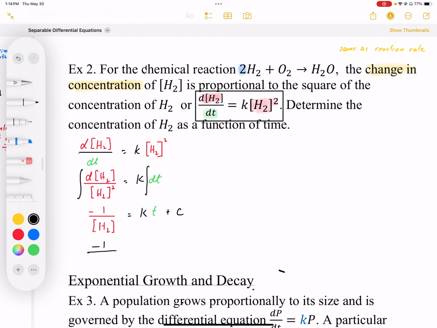So I get -1 over KT plus C, and that's going to be equal to my dependent variable H2, and then this is going to be my function. So my H2 concentration as a function of time is equal to -1 over K times T plus C.